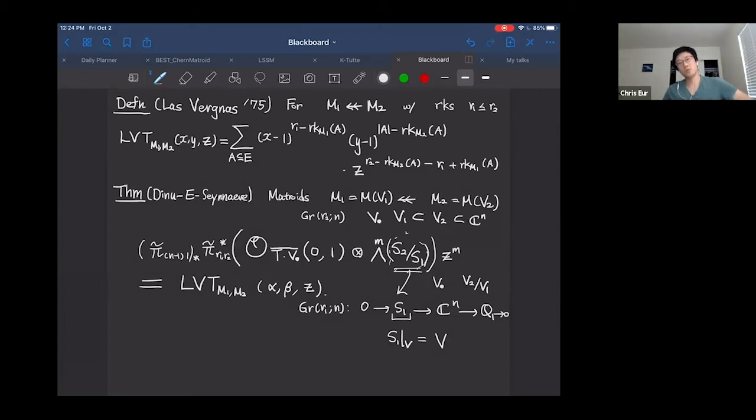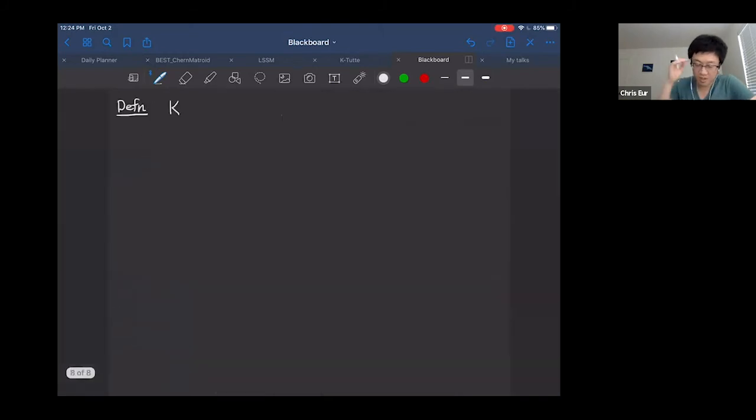Okay, so going back to the more natural geometric picture, let's take it as a definition. If I have a matroid quotient M1 by M2 given by an inclusion of vector subspaces, how should I define a polynomial in x, y? Well, I define it such that whatever I claimed before is true.